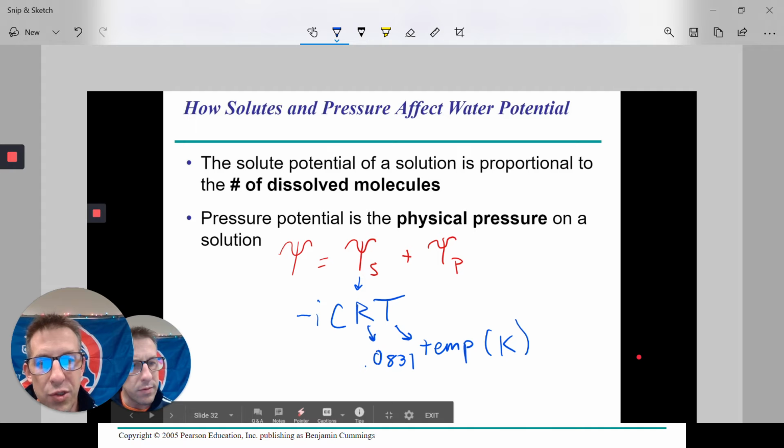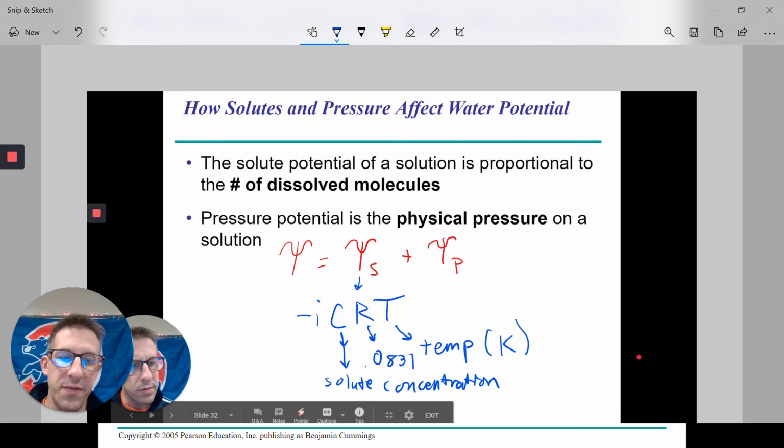Let's go to C. C is the solute concentration of the system we happen to be looking at. Sometimes this has to be figured out.